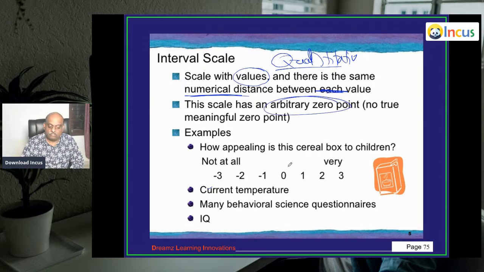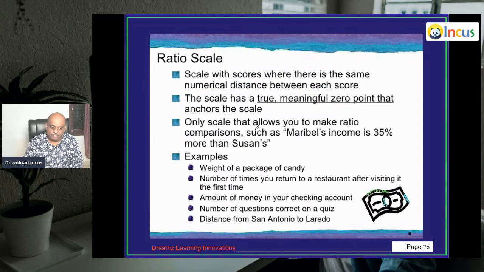For example, if you are taking a questionnaire, how is the performance? 1, 2, 3, -1, -2, -3. Between -1 to -2, -2 to -3, that distance is a meaningful distance. There is a 0 point, but that is not a true meaningful 0 point.